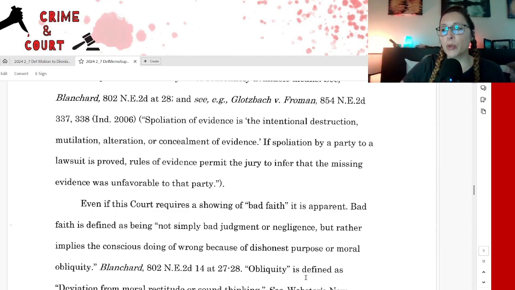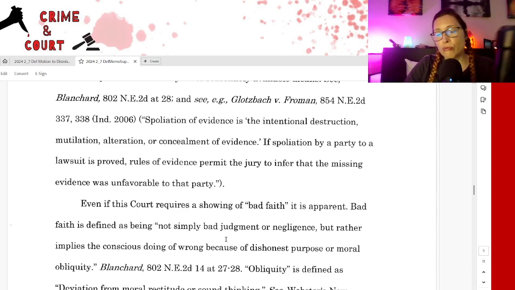So if it is proven that these officers, McLeland or whoever was responsible, somehow recorded over Brad Holder and Patrick Westfall's recordings on purpose, if it's proven that it was intentional, then the jury could infer that all the evidence on there was unfavorable to the party that submitted it, so the prosecution.